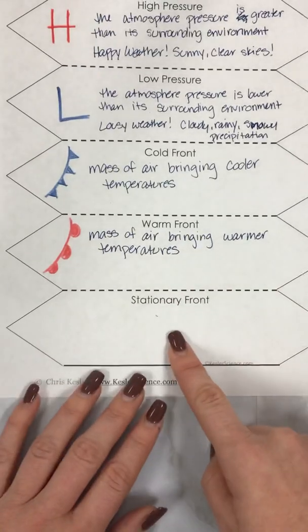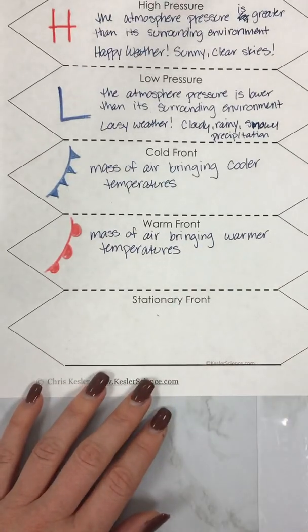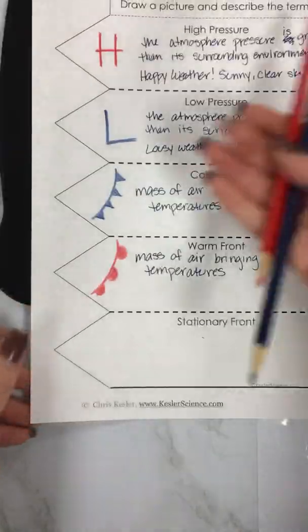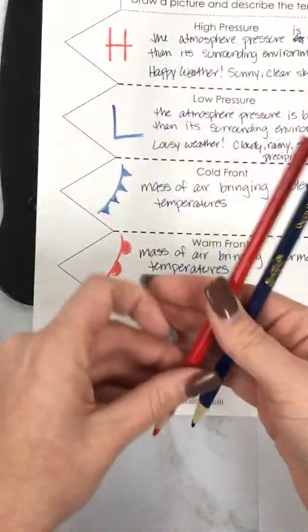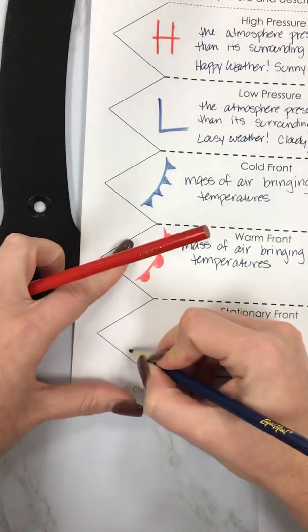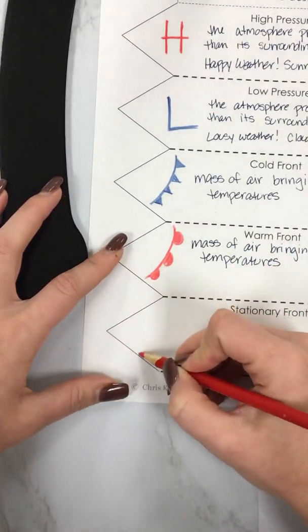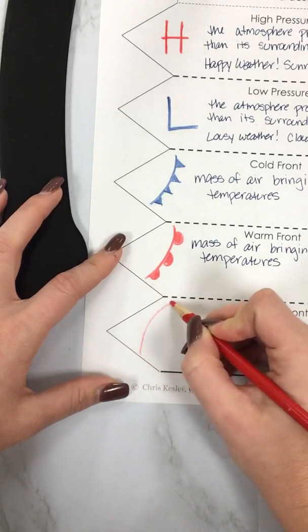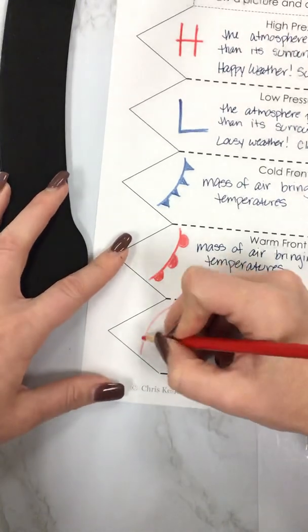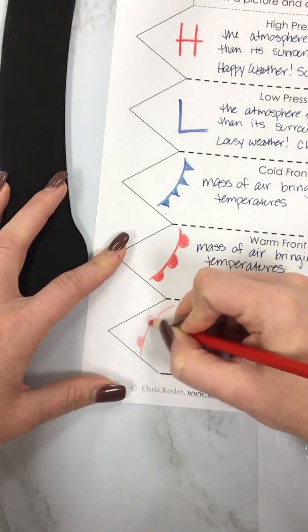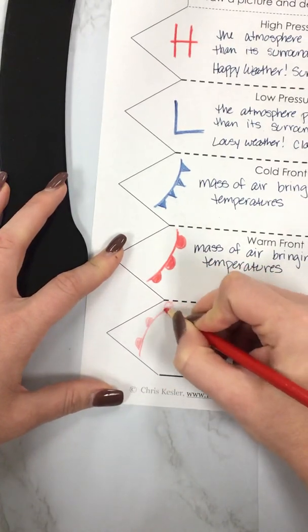Our last one is called a stationary front. This one's actually pretty interesting to draw because you need both your red and blue colored pencils, and it's a little bit of a mixture. So I'm just going to do my initial line here in red. I'm going to do it kind of light. On this side, we've got our warm front symbols.